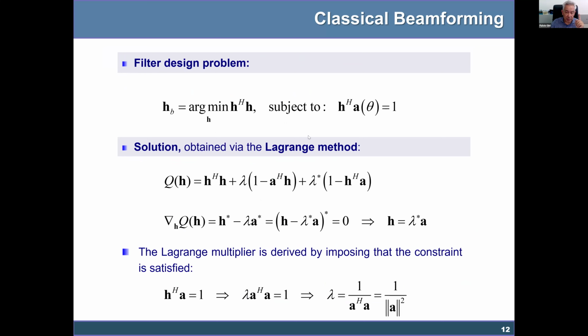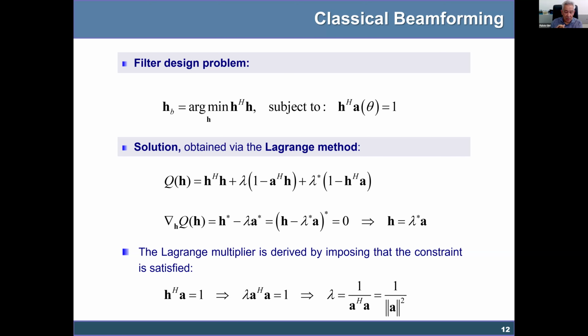Remember, step 1, step 2. We want that if there is a signal coming from direction theta, this signal passes undistorted through the filter. So H Hermitian A of theta should be equal to 1.